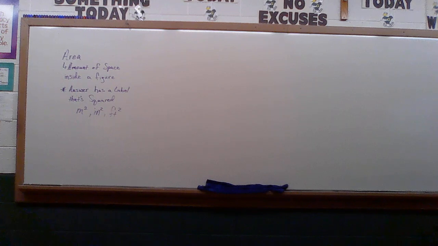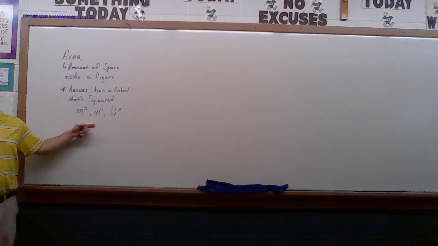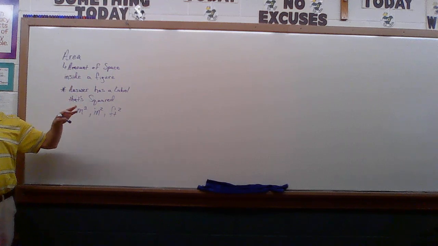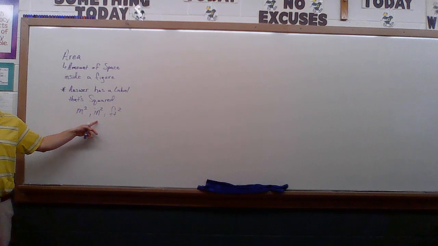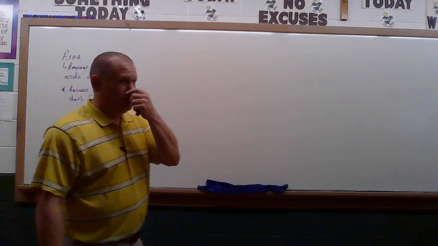Because they're squares. You're multiplying. There's squares on the inside. Yeah, because I'm multiplying two things together. And if I have inches over here and inches over here and I'm multiplying inches times inches, that gives me inches squared. That make sense? Okay?